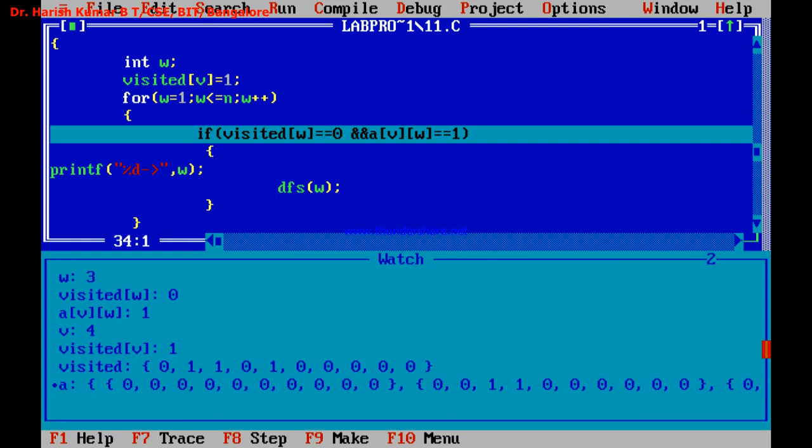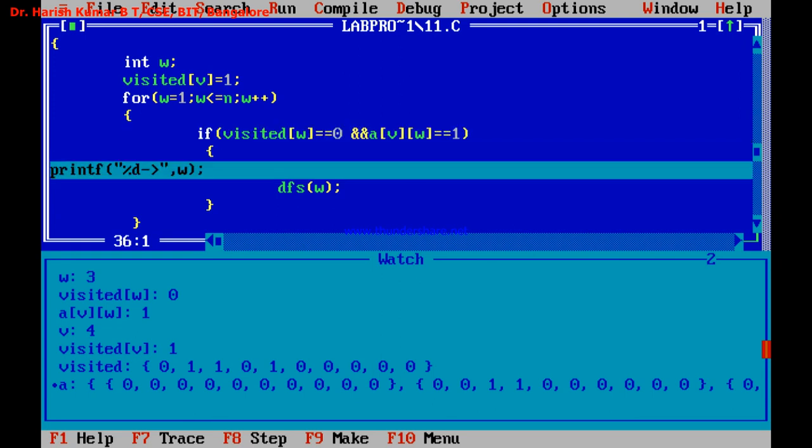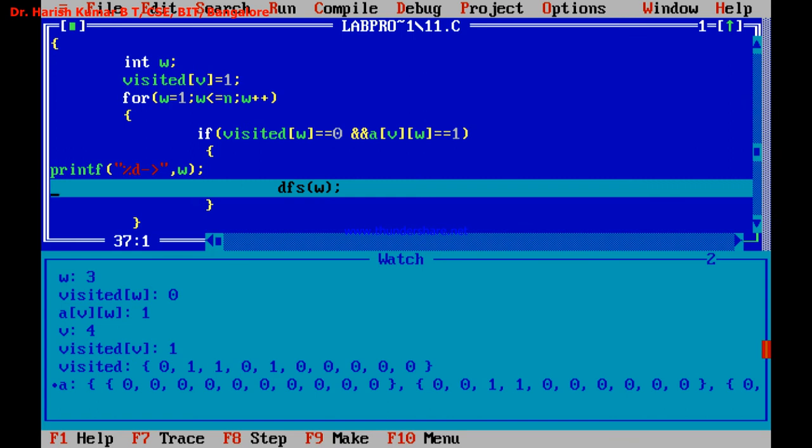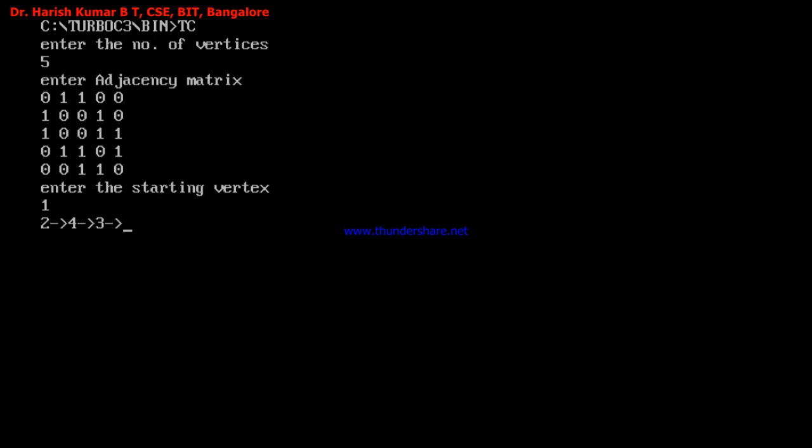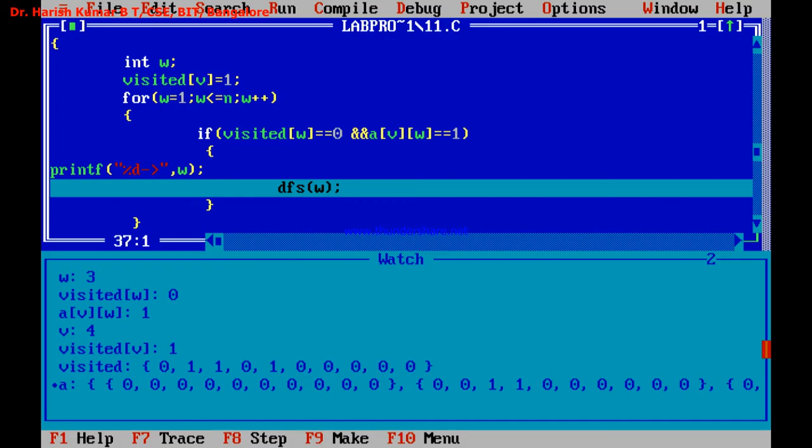The next node that we are going to visit is 3. See, Alt F5. So 3 got printed. So 1 we visited, 2 we visited, and then 4 we visited, and then we visited 3. So now you are calling DFS of 3 again, because you have to find out which is the next node that you can visit after 3.